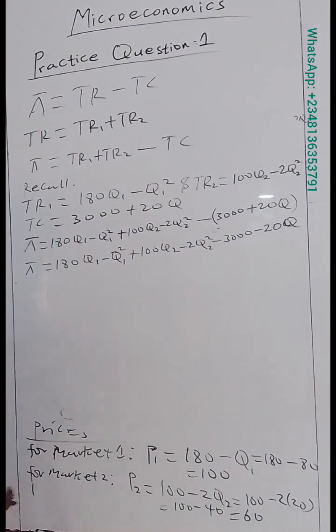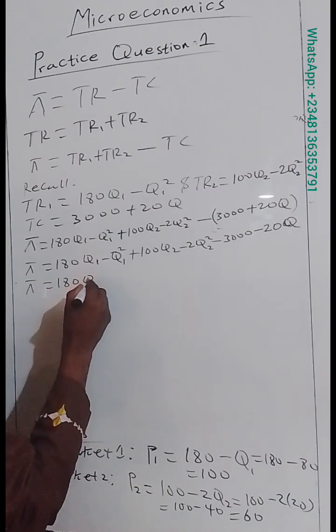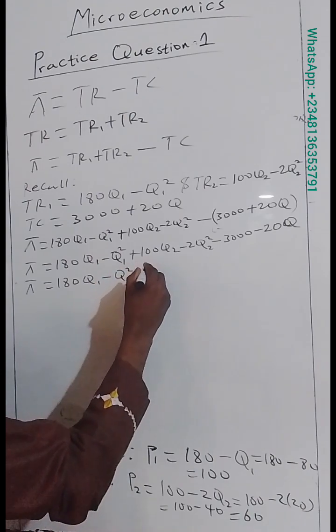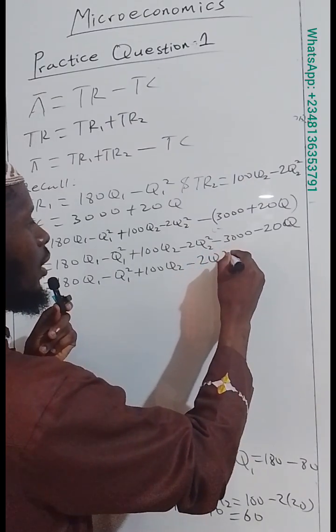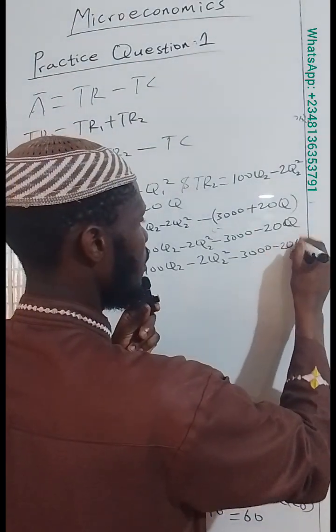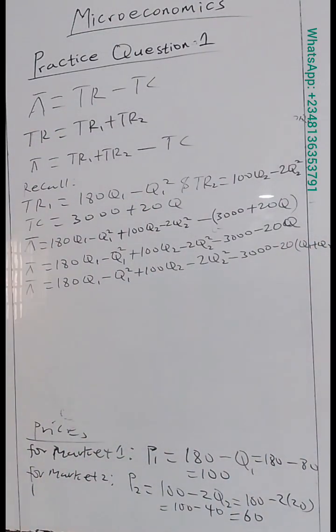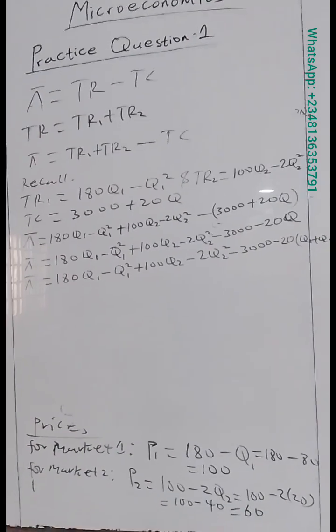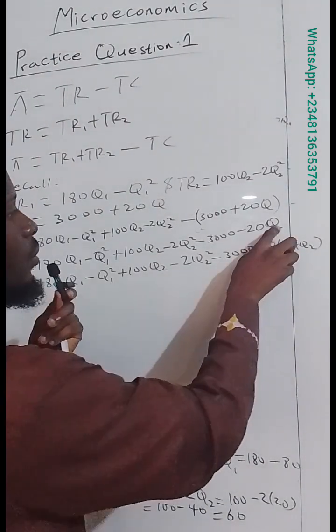Don't forget this Q is the total output, the addition of output in market 1 and market 2, so Q is equal to Q1 plus Q2. Hope you understand this.